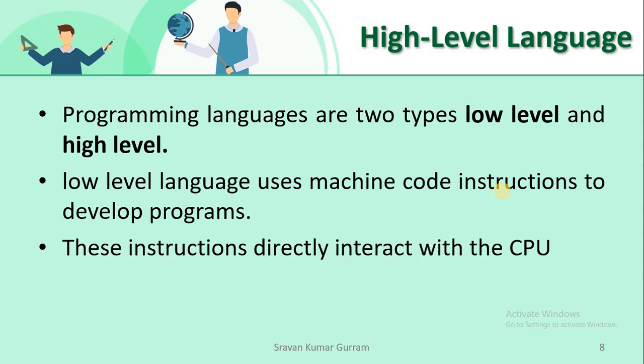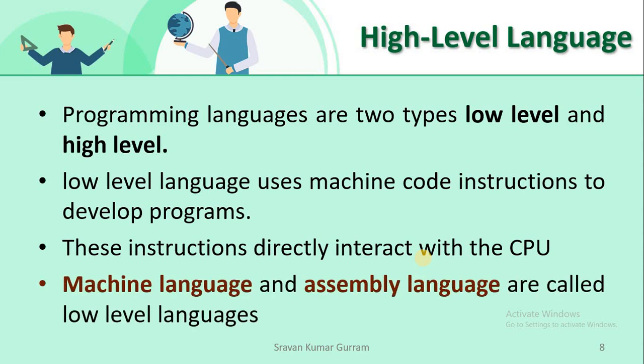A machine can understand zeros and ones, but understanding combinations of zeros and ones is very difficult for humans. These machine level instructions directly interact with the CPU. The CPU can easily understand them because that is machine code only, zeros and ones. The CPU or processor can directly understand it, with no need to translate. And in low level languages, we again have two types, machine language and assembly language. These two belong to low level languages.